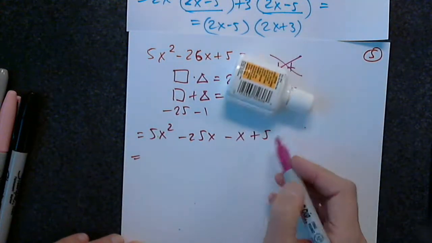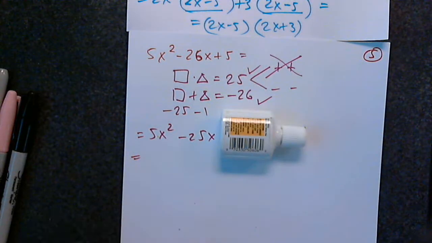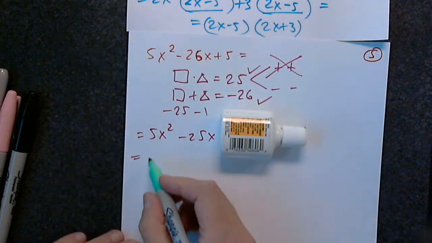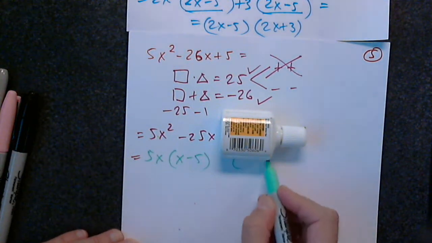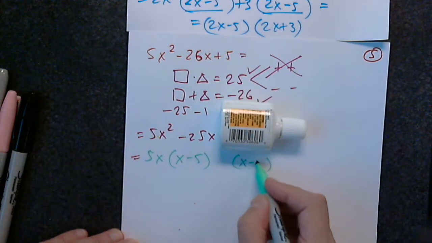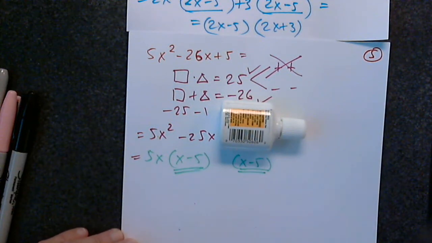Good. So now you will factor out from the first two: indeed, 5x. And what is left in parentheses? It has to be the same. How do I know it has to be there?